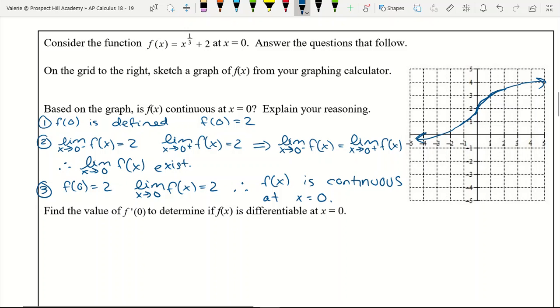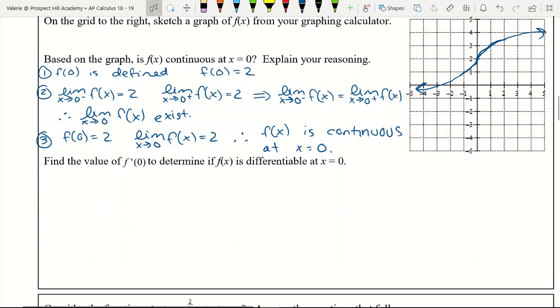So then the last thing we need to do is find the derivative. And again, you could plug this into the calculator. I'm going to do it out. So f of x equals x to the 1/3 plus 2. So the derivative of f is equal to 1/3 x to the negative 2/3.